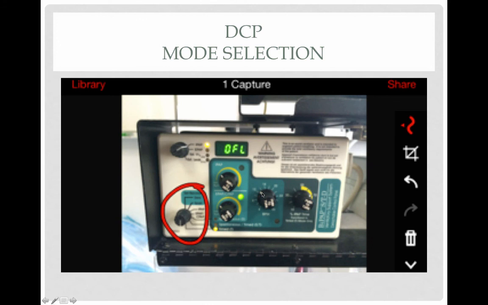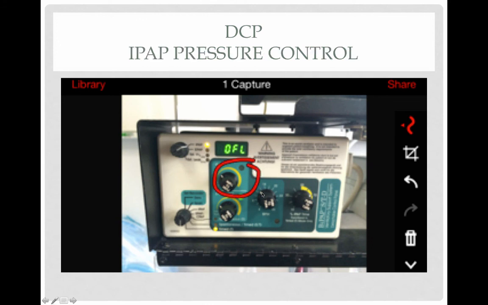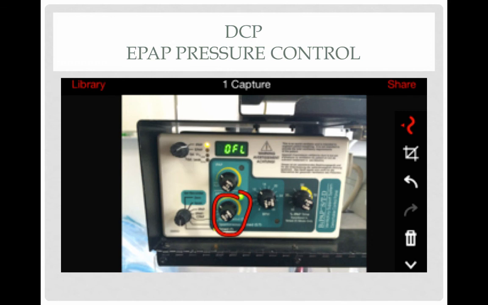The next is our IPAP control. So this is the knob we're going to turn to increase or decrease that IPAP pressure, the inspiratory positive airway pressure. The one right below it is the EPAP control knob. That's the knob we're going to turn to vary the EPAP pressure.